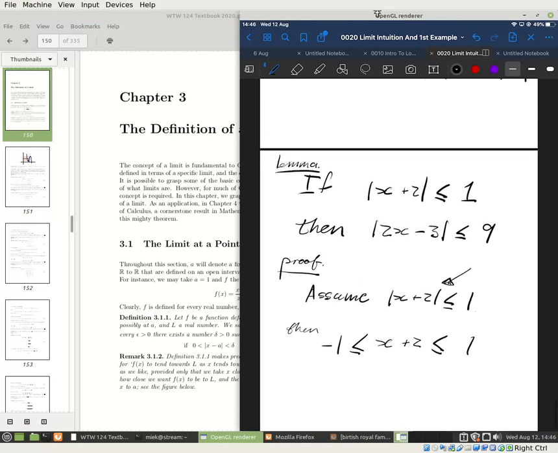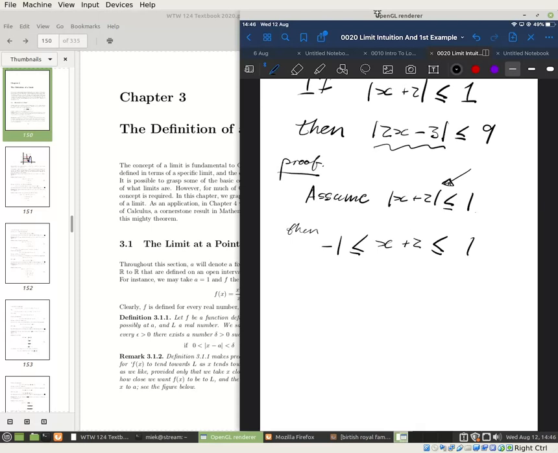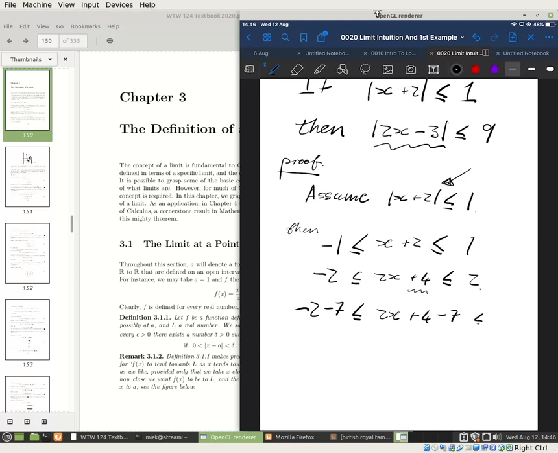Now let's rework it into that form. Let's multiply everything by 2 to get a 2x. So that's minus 2 less than or equal to 2x plus 4 less than or equal to 2. We are looking for a minus 3 here, so let's subtract 7 everywhere. So minus 2 minus 7 less than or equal to 2x plus 4 minus 7 less than or equal to 2 minus 7.